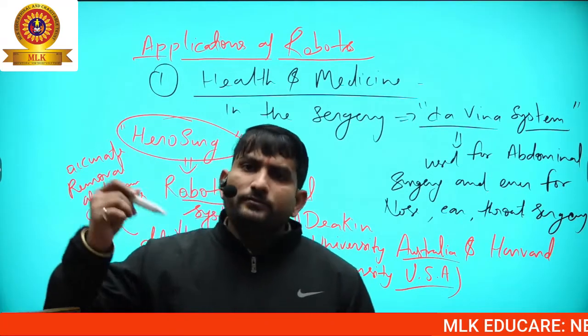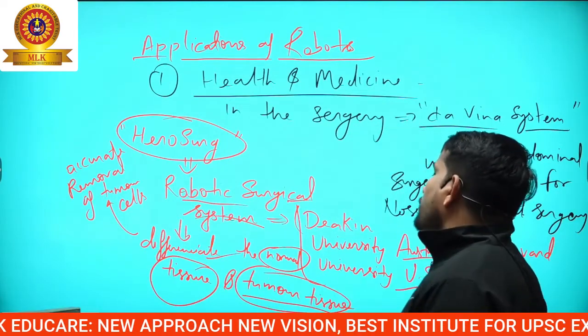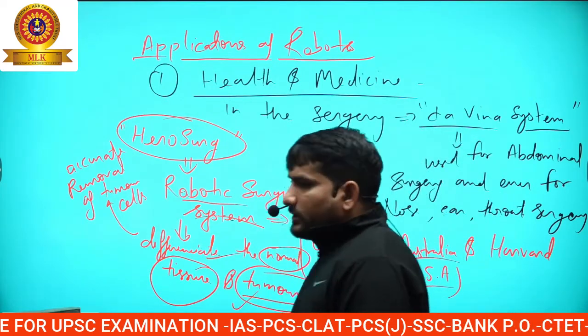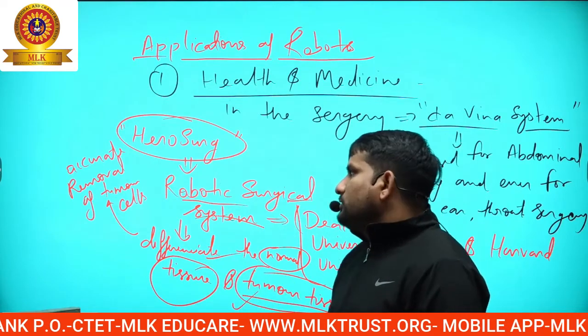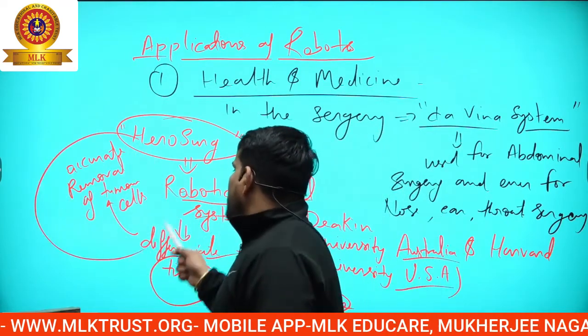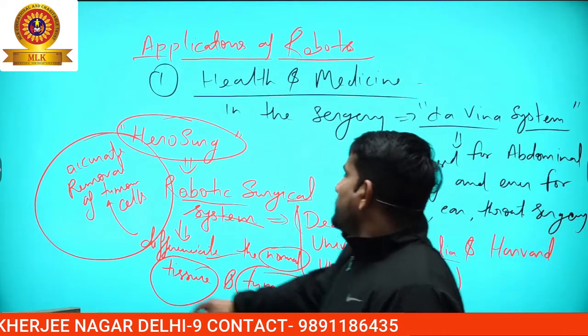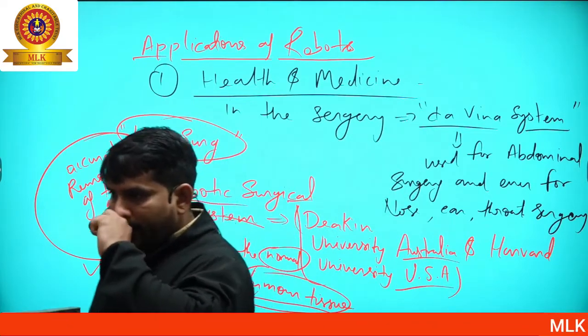Hero Surge is responsible for differentiating the normal tissues and the tumor tissues, as well as, after identifying them, the accurate removal of the tumor cell. Clear? Okay.